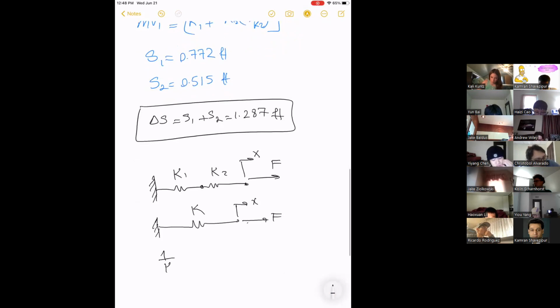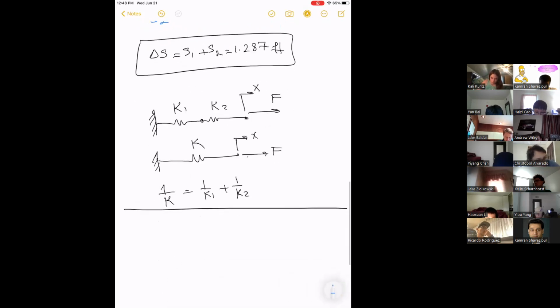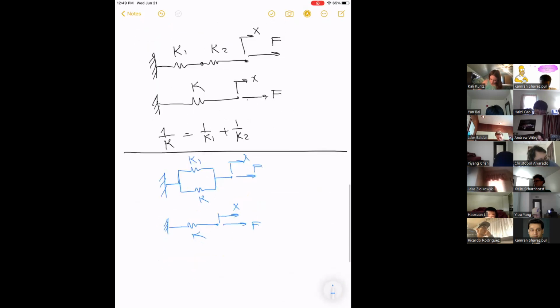And if you have two springs in parallel, K1, K2, and you apply force and get the displacement, the equivalent is simply K equals K1 plus K2.